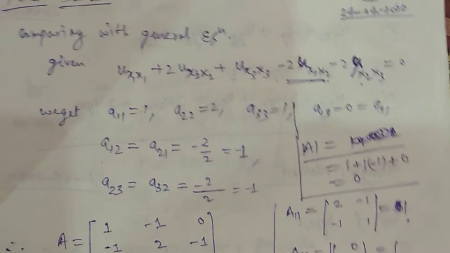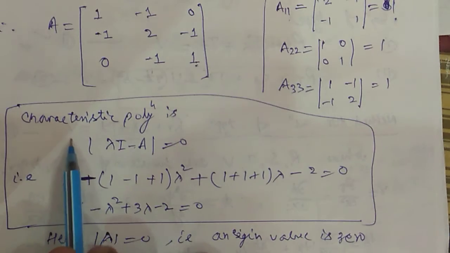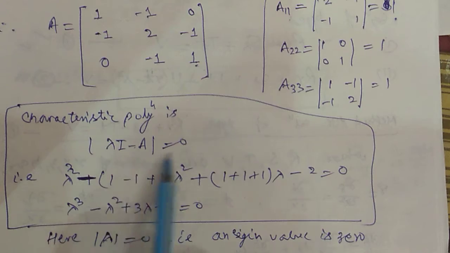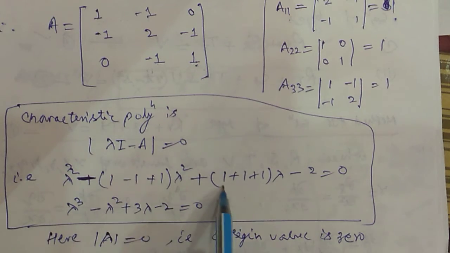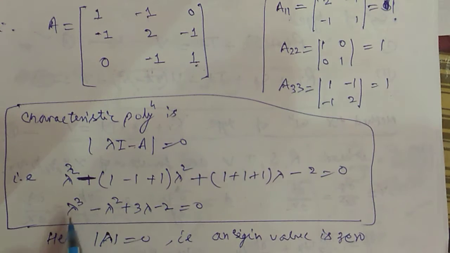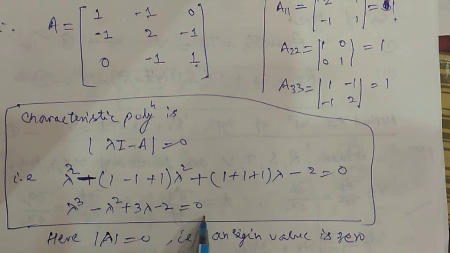Find its eigenvalues with the help of the characteristic polynomial of order 3, using the trace and the trace of the adjoint. The adjoint's cofactors are 1, 1, 1. So the polynomial becomes lambda cube minus lambda square plus 3 lambda minus 2 equal to 0.